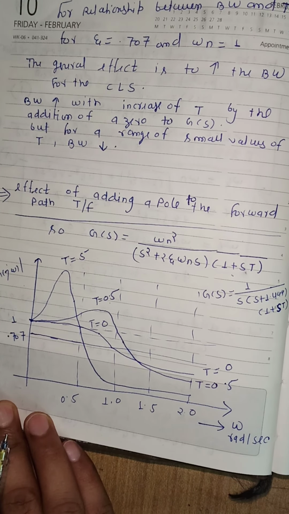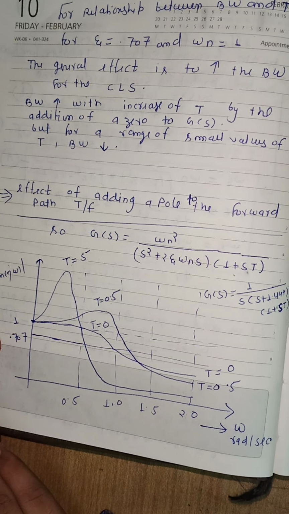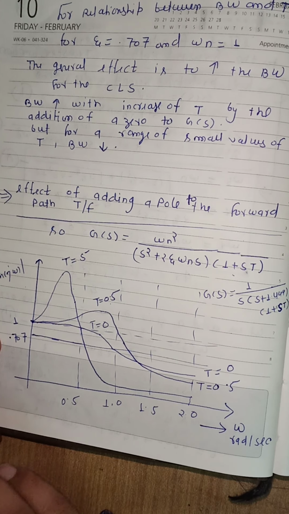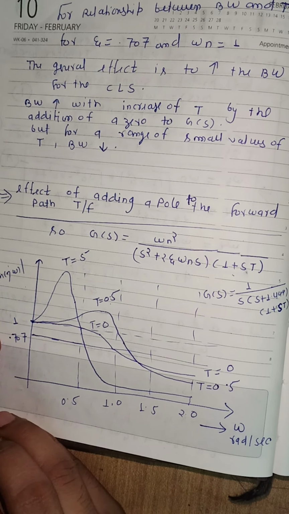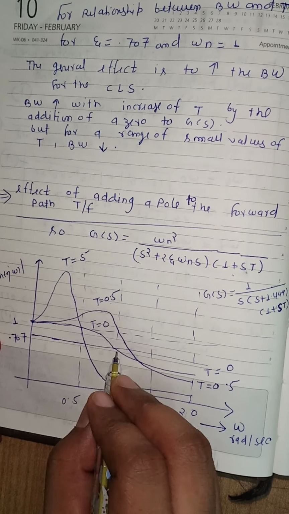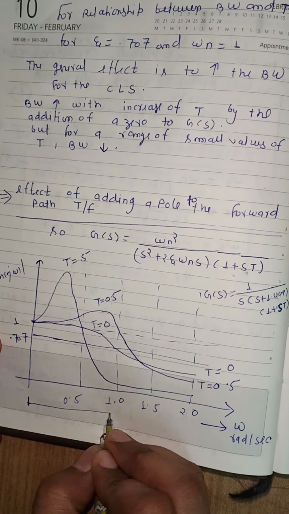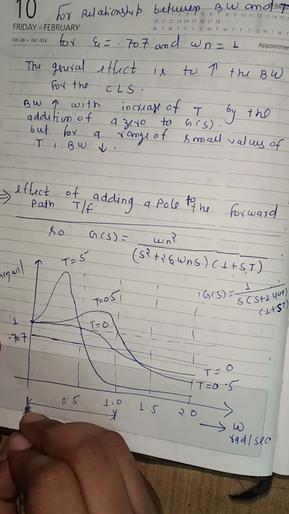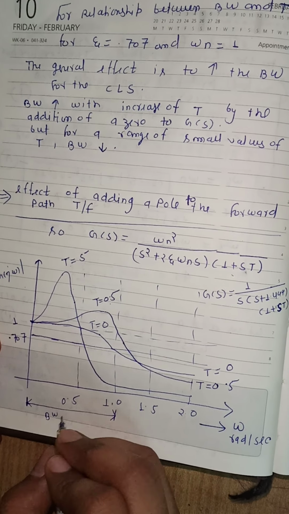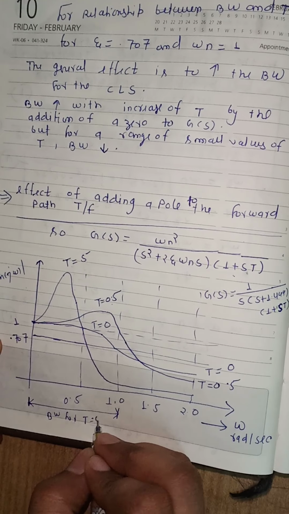Definition of bandwidth I already told you in the previous video class. So here for small values of capital T, for T equal to 0 we can define bandwidth from this point to this point. This is the bandwidth for T equal to 0.